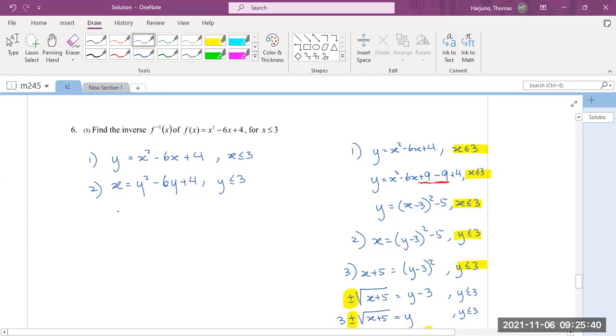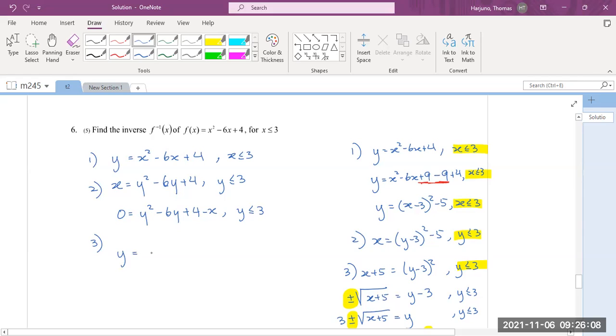Then I will solve for y, so I set one side to 0. From there, I can use the quadratic formula. I can also use completing the square, but let me use the quadratic formula.